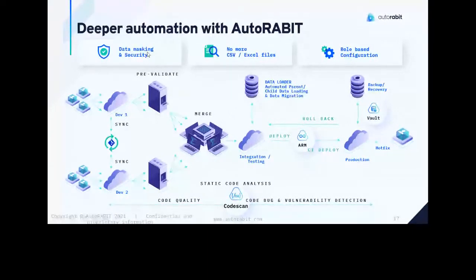Where you are not touching anything, and at the same point of time, across the life cycle, when the data is moving from one org to another org, the data is masked, so no one can actually see the data, right? And there is ample security to the data. So there is no leakage of data. You don't really have to work on Excel files, CSV files.